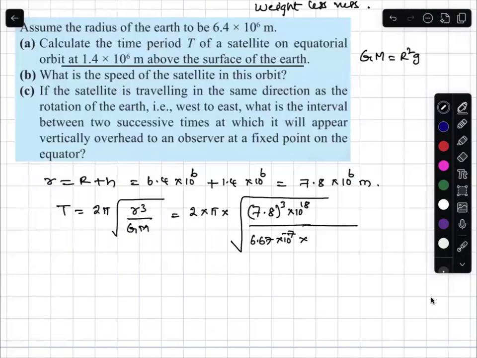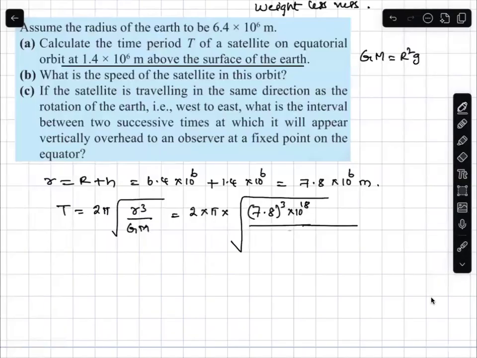Is the mass of the earth given? No. Which means he wants us to use the same relation. So what is that? R square, 6.4 into 10 to the power of 6 whole square, into 10.